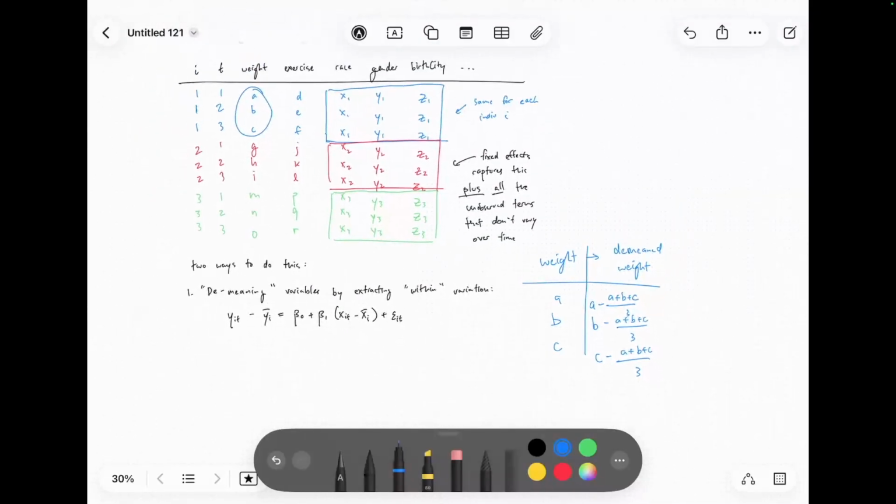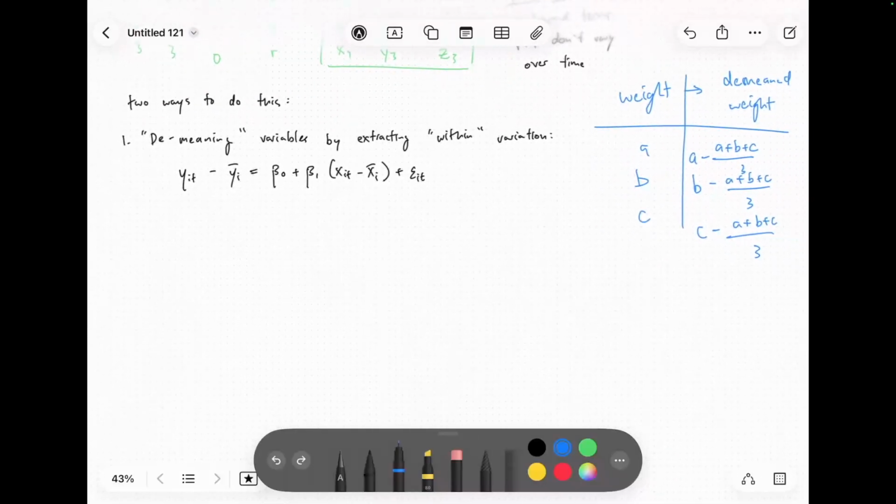And so the idea is that like i equals 1, so person 1 has some kind of average weight that is a result of all of these individual factors. We get rid of that variation between individuals that is explained by all of these things, and the only thing remaining is the variation in exercise relating to the variation in weight that is demeaned. Okay?